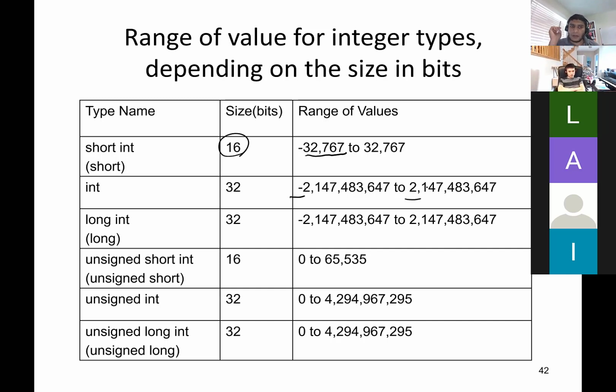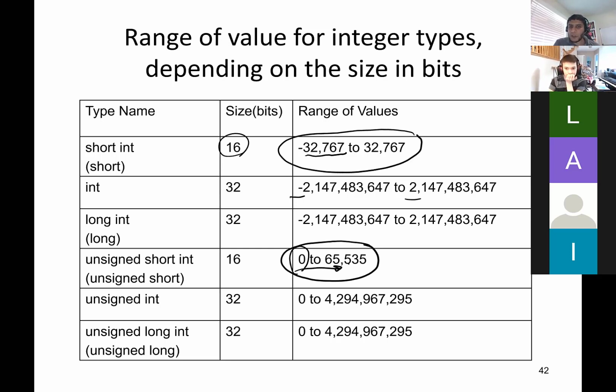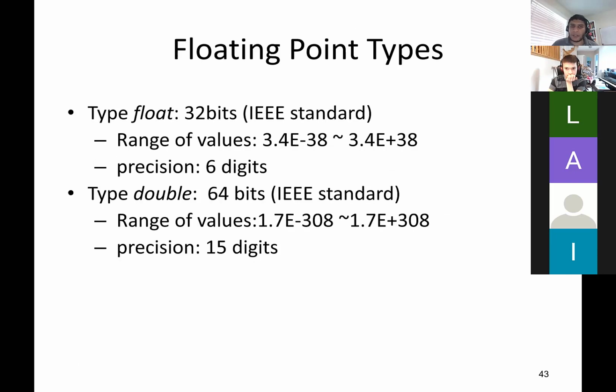But if you say unsigned, as you can see, you start only from 0 and you go up to here. The maximum value represented here is double the value that you can represent using exactly the same number of bits for the unsigned case compared to signed, right? Good. Do you need to memorize this? Not at all, right? You just need to understand the intuition behind it, right?